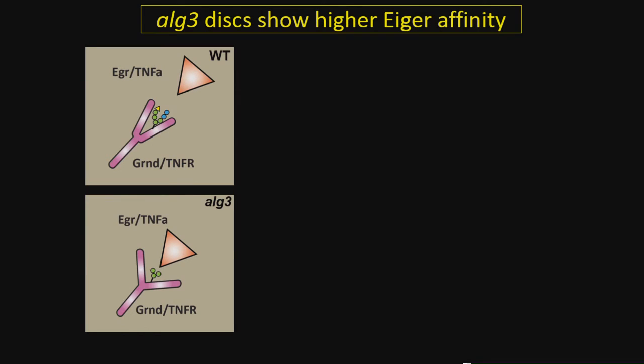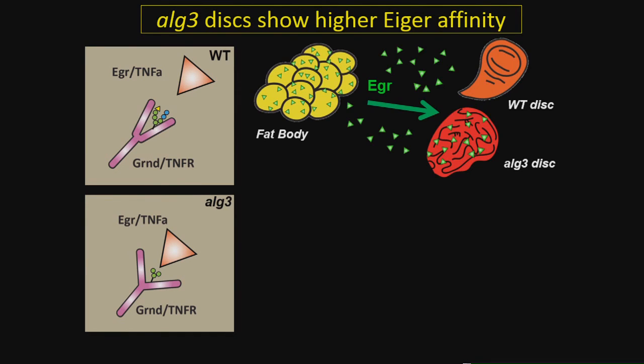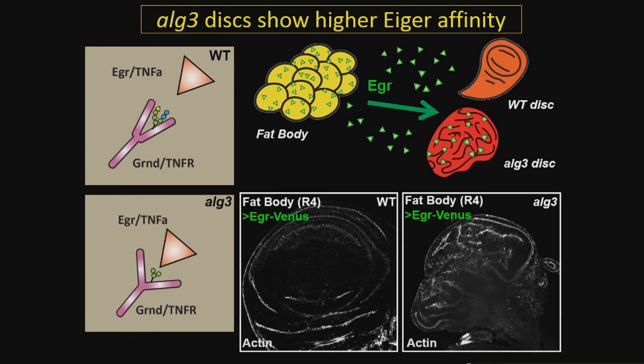To test this model, I took a tagged version of Eiger, Eiger Venus, and overexpressed it in the fat body of the larva in both a wild type and a mutant background, and then wanted to see if there was more binding of Eiger Venus to the different tissues. You would expect that if Alg3 mutants have different affinity, they would have more binding of Eiger. And this is exactly the case.